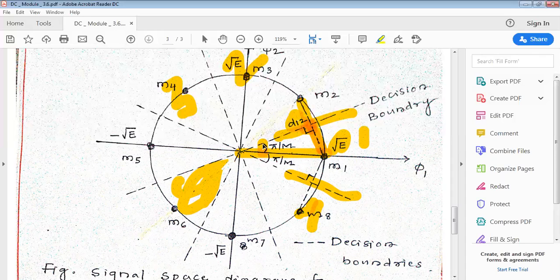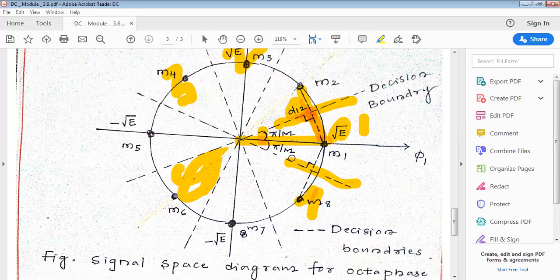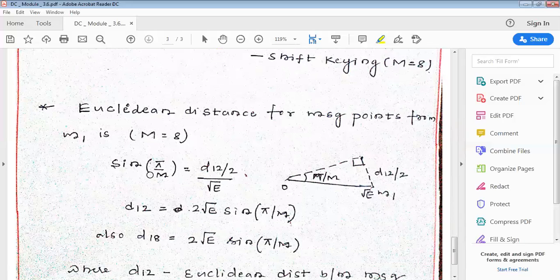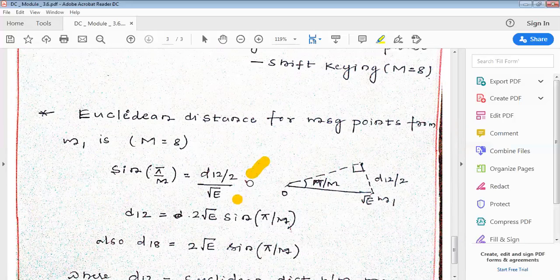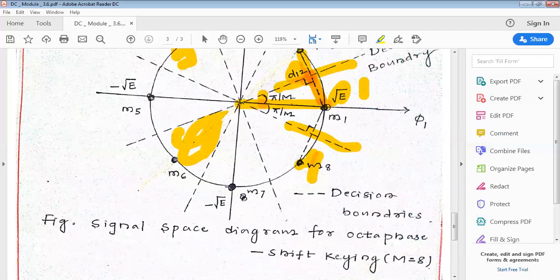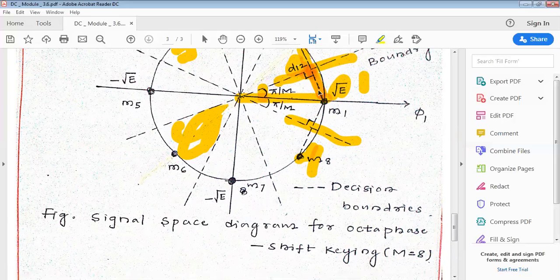Let us take the sine of this angle. So sine of pi by M is equal to opposite divided by hypotenuse. And opposite is what? From M1 to M2 it is D12, and half of this is D12 by 2.